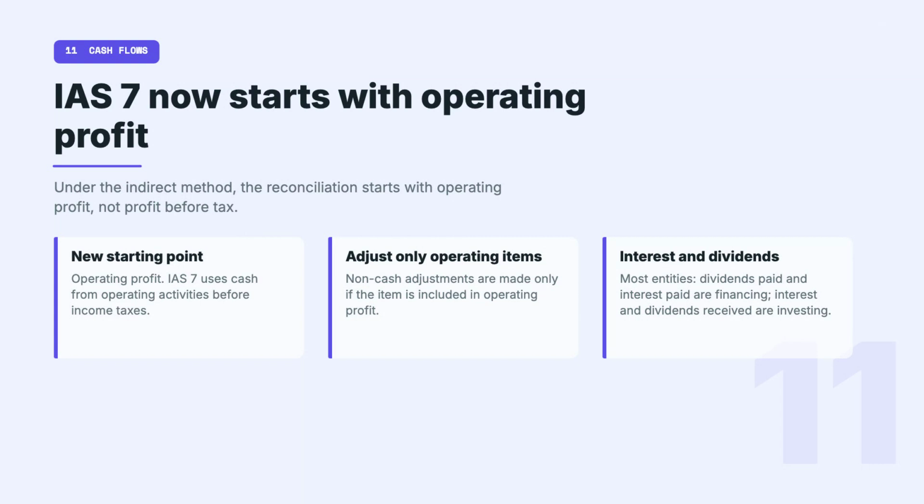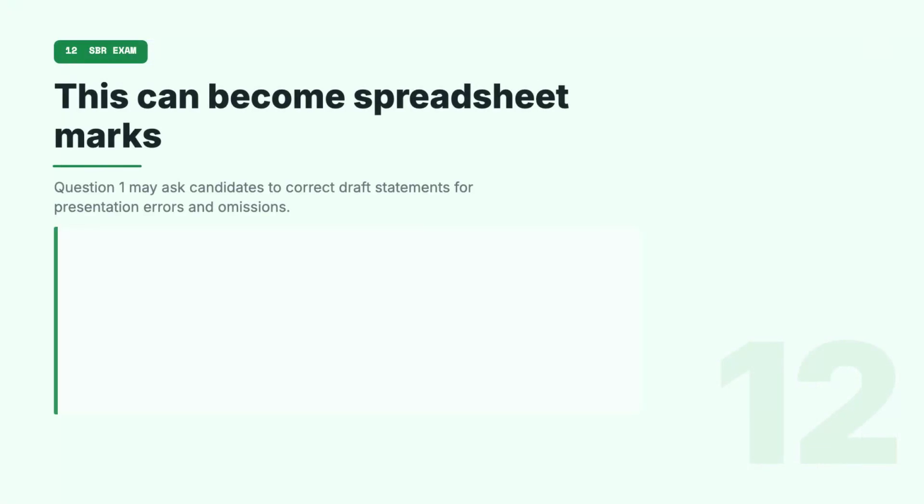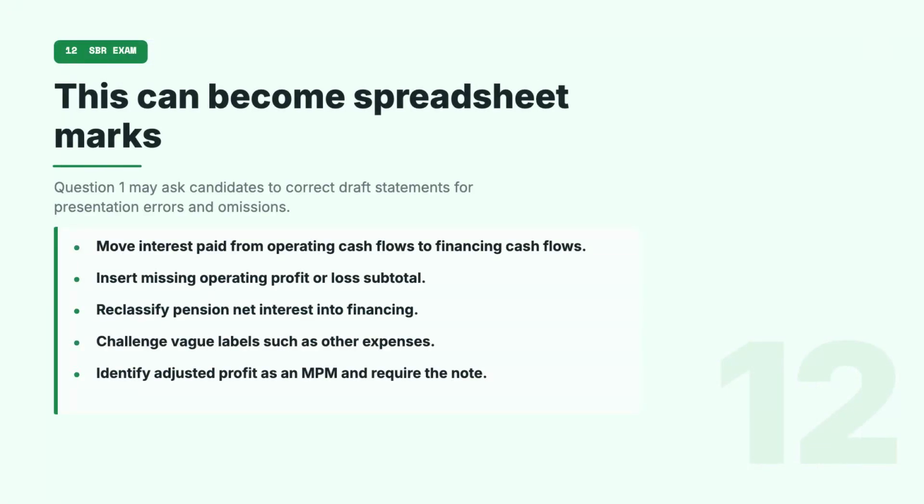Here is how IFRS 18 can appear in SBR. Question 1 may include a pre-populated spreadsheet with draft financial statements. You may need to correct presentation errors. For example, moving interest paid from operating cash flows to financing cash flows. You may need to insert a missing operating profit subtotal.